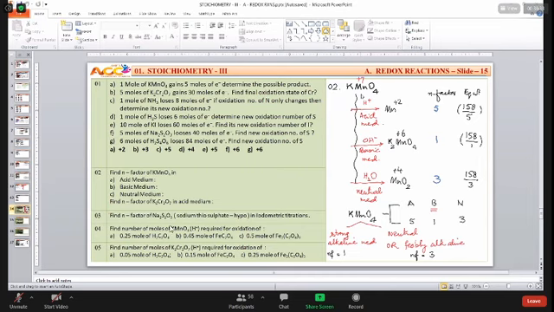In case of KMnO4, depending upon the medium, acid, basic, or neutral, we have to remember what is formed. How it is formed is not the question here. I said in acid medium, Mn2 plus is formed. That we have to remember. In basic medium, we have formation of the manganate ion. This you have to memorize.